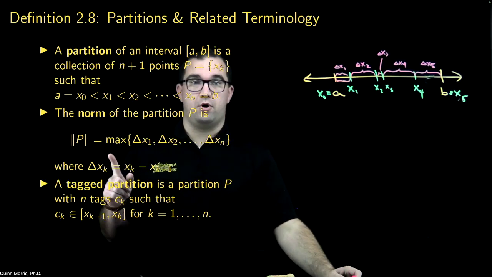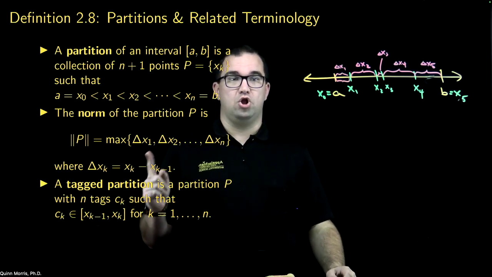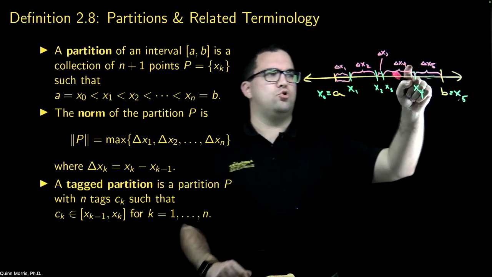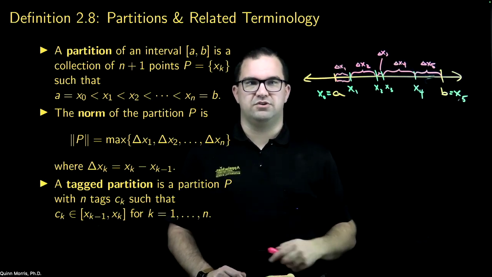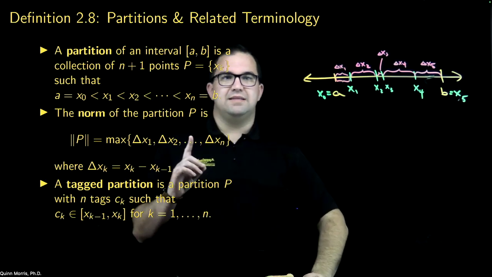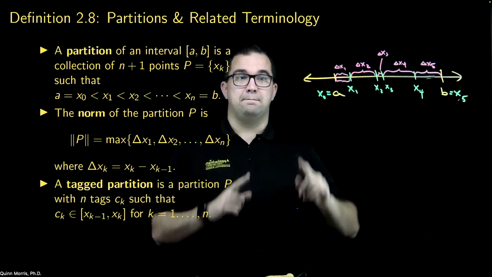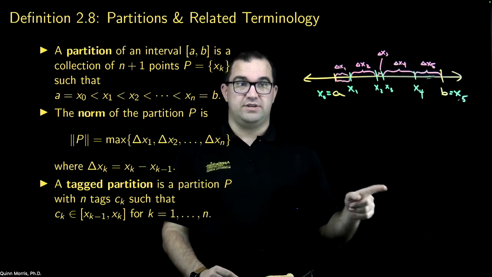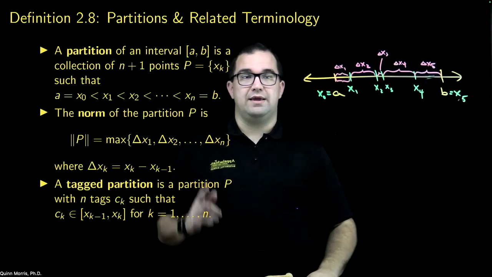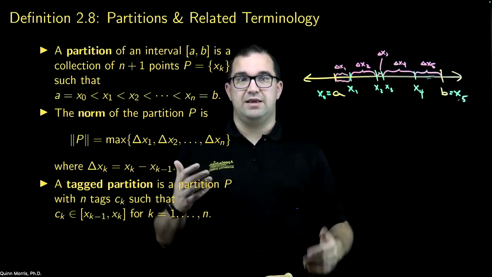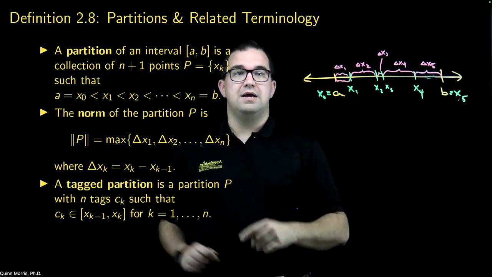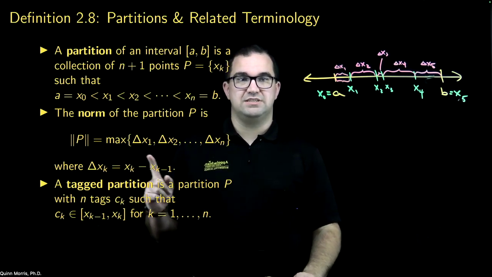Now, the norm of the partition is defined to be the largest of all of these. Visually, the norm of my partition is probably delta x4. Why do I care about the norm of the partition? Instead of saying that I want to take more and more rectangles, because that doesn't guarantee the bases get small, as we define things about the Riemann integral I'm going to say I want the norm of my partition to get small.